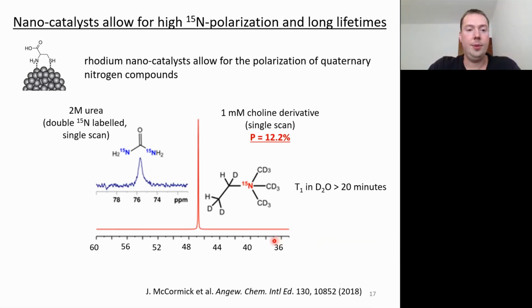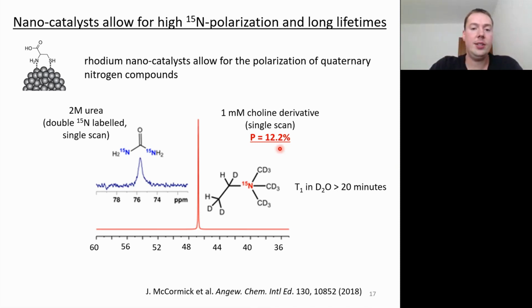And then we found, first of all, this wonderful molecule, which is a quaternary nitrogen, and which you see down here. Specifically, the development of the nanoparticles that we had before helped us to achieve very, very high levels of polarization on this, about 12%.